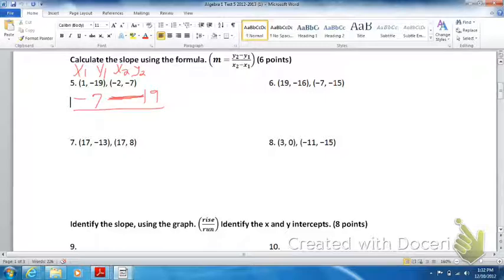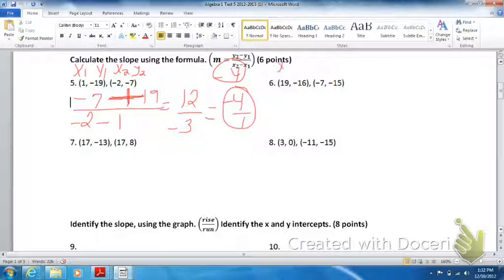These two minuses become a big old plus. Then x2, negative 2, minus x1 is 1. This becomes a positive 12. This becomes a negative 3. You can reduce this. 12 over negative 3 is negative 4 over 1 or negative 4. So either one is correct.